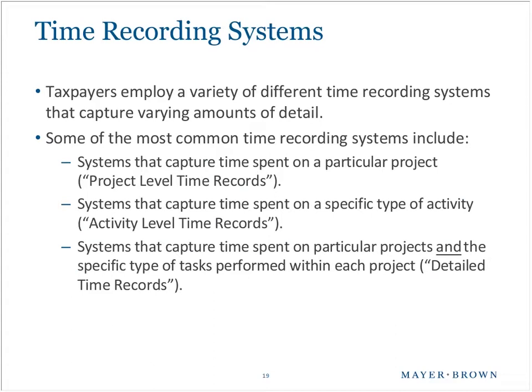Another type of common system we've seen is a system in which the amount of time spent performing a specific type of research activity might be recorded, and not necessarily recording the amount of time you're spending on a project per se. And lastly, there's more detailed systems which capture both the type of project or business component that you're working on, as well as the specific type of activity that an employee is doing.